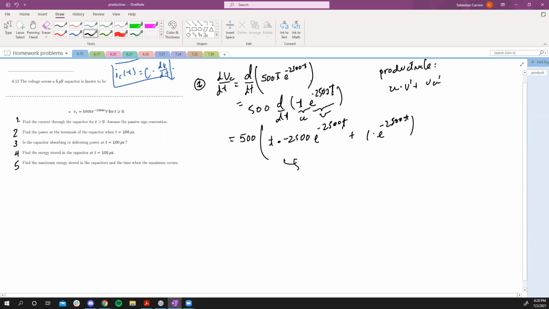Then you want to find the current. You can just say 5 microfarad, or 5 e to the negative 6, which means 5 times 10 to the negative 6, times this value.